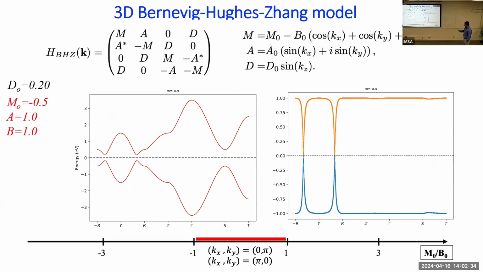Let's try the other positions. For example, for Kx equals 0 and Ky equals pi, or Kx equals pi and Ky equals 0, we can go from Y to Y prime, and for up and down we again found our spin Weyl point.